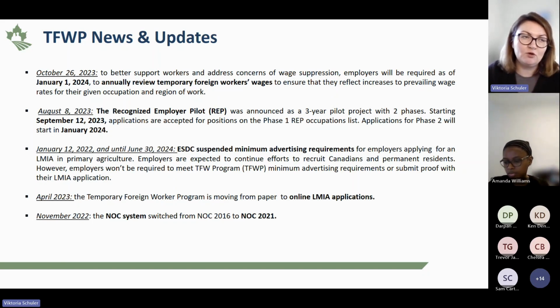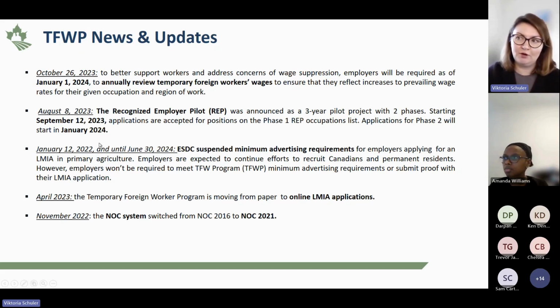Which means, it wouldn't be so applicable to the seasonal agricultural worker program, but say if you're hiring a farm supervisor or a cattle herdsman and your LMIA is valid for 3 years, there is a wage increase every year. Usually it happens sometime in May or April when it's posted, and you need to make sure that you at least update the wage with the prevailing wage.